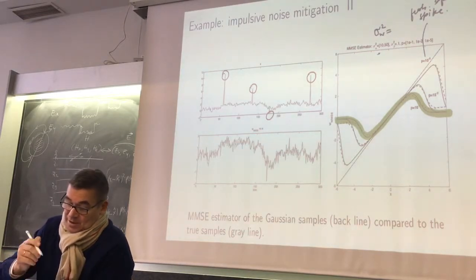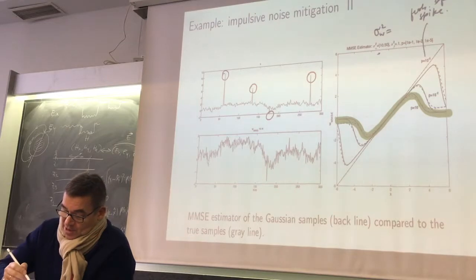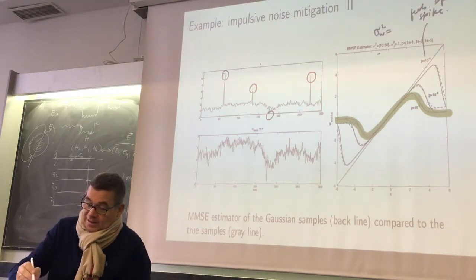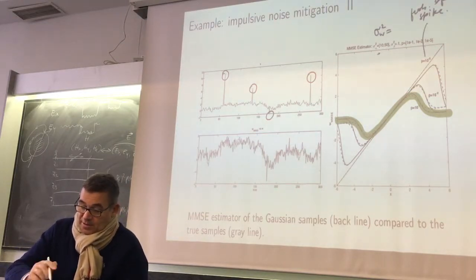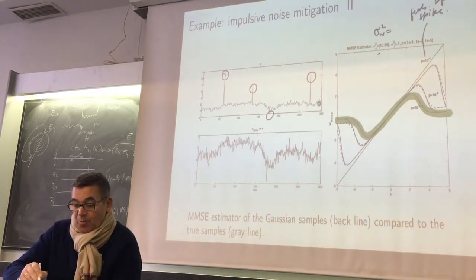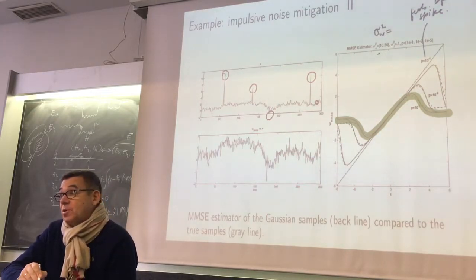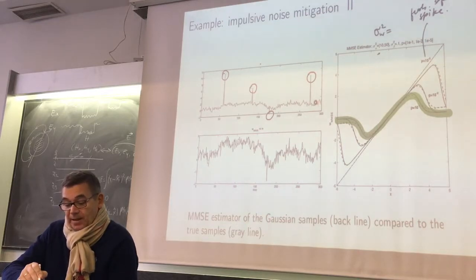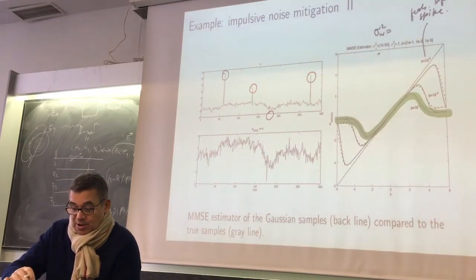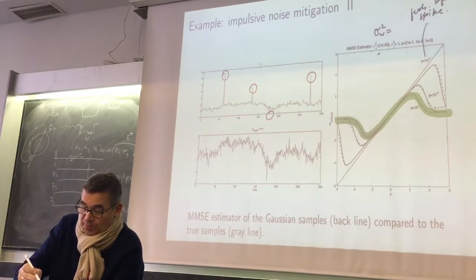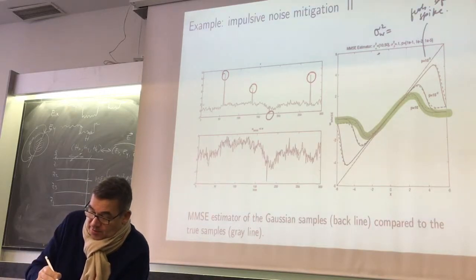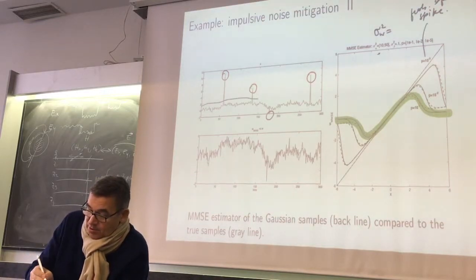What does it mean? It means that I take my data. I compute the variance of the data, which means computing the power. Then I establish a kind of window which is 3 times the standard deviation around.